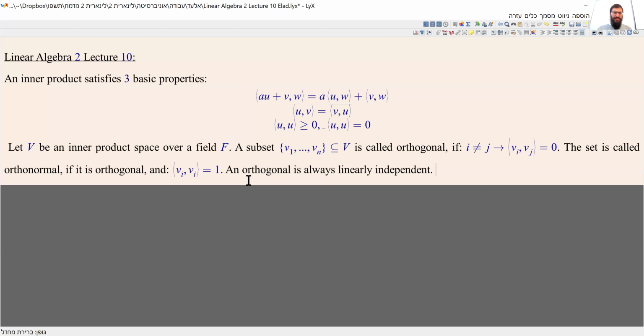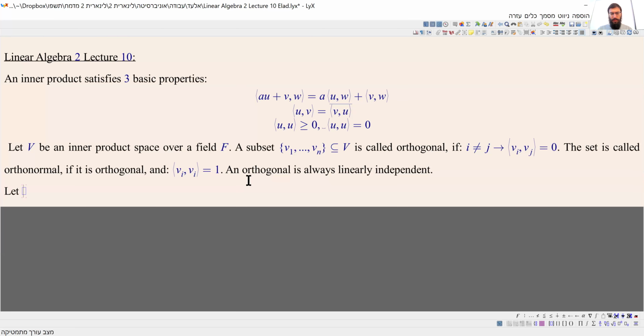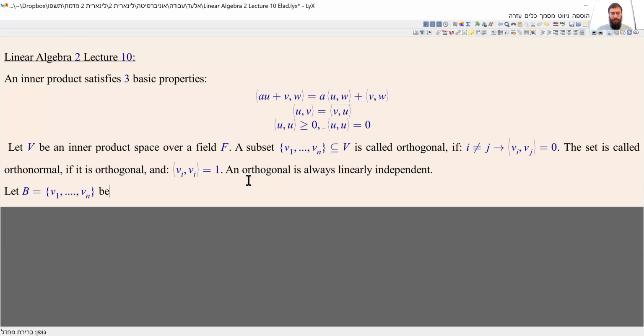Let V1 to Vn be an orthogonal basis. We know how to calculate the scalars in every linear combination using the vectors of the basis.